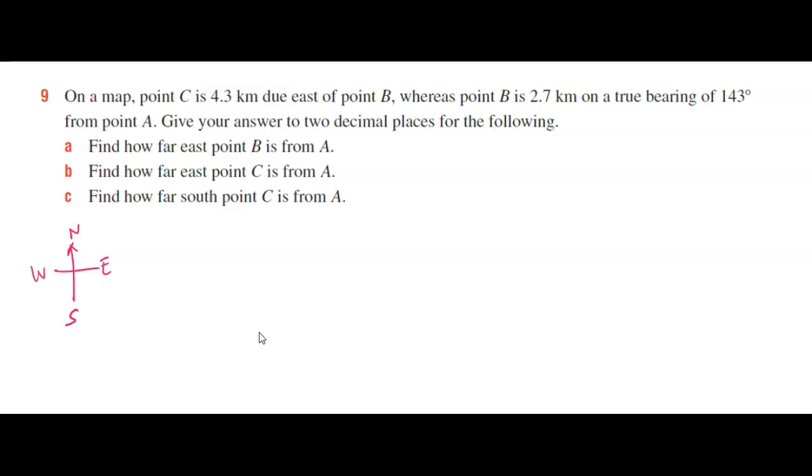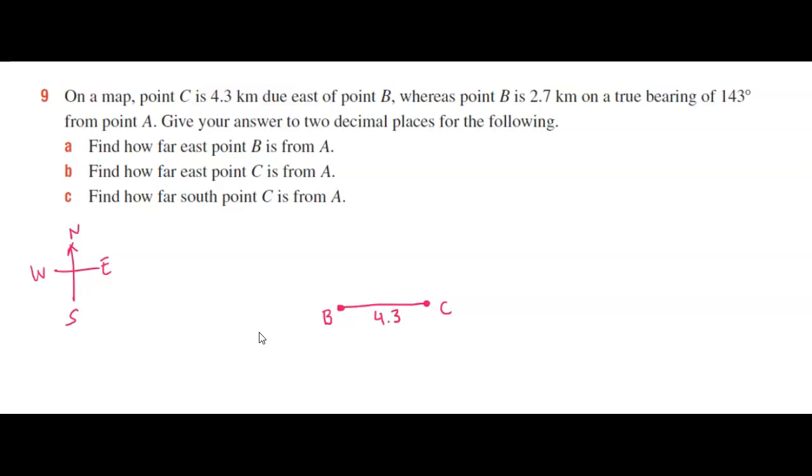Okay, so C is 4.3 kilometers due east from point B. Give yourself enough space for your picture. It's due east. So here's C, it's due east of B. 4.3 kilometers.